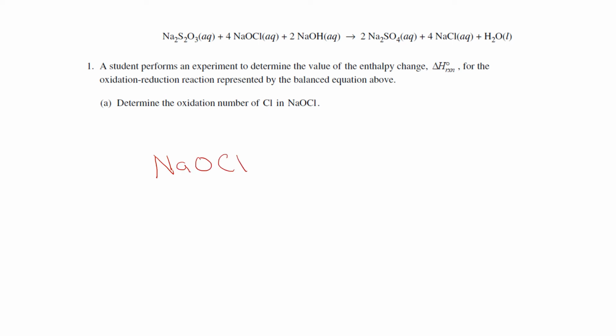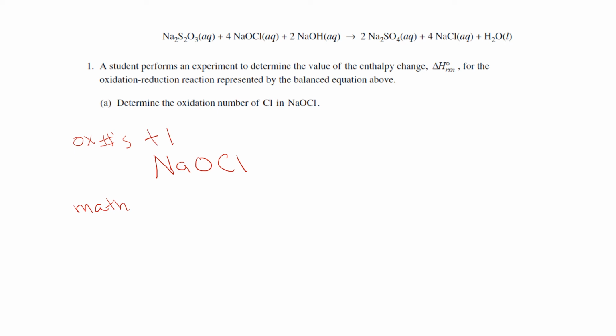The way I tackle this is I usually write the oxidation numbers up top and I do my math down here. You start with what you know. There are some rules that never change based upon a compound. I know that my group 1s, which sodium is a group 1, are always going to be plus 1.